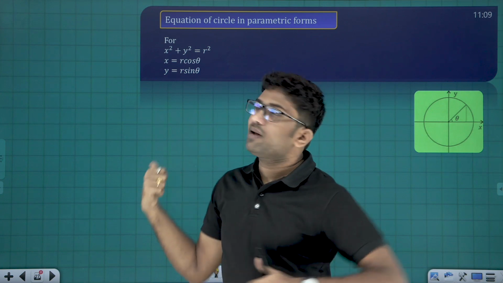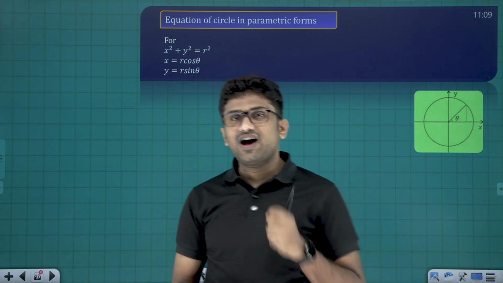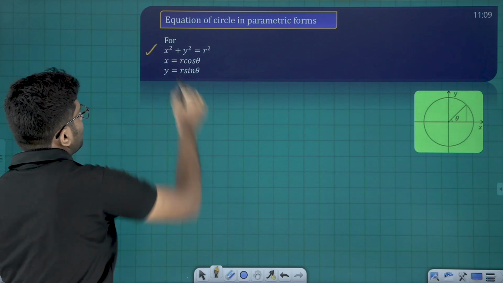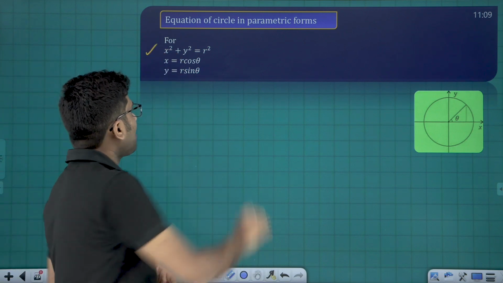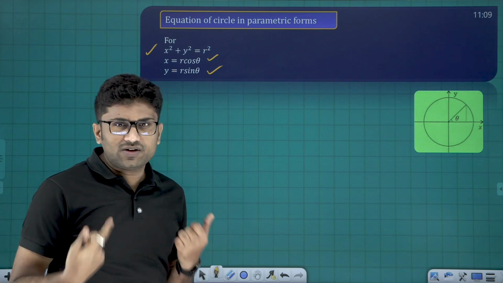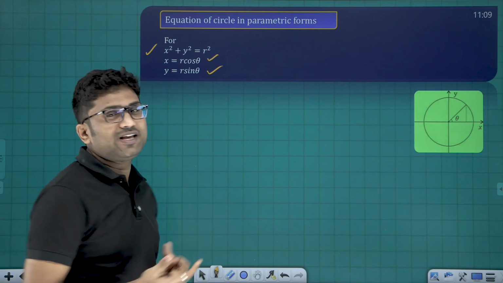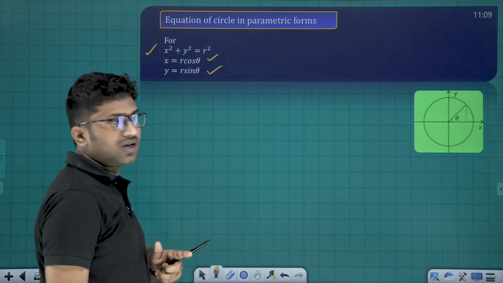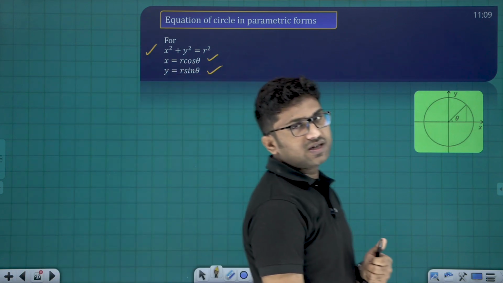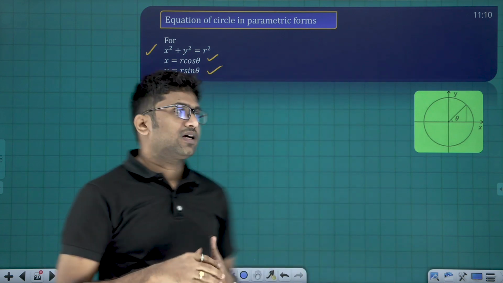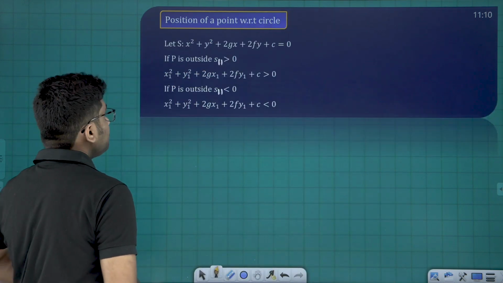In the same way, the parametric point of a circle x square plus y square is equal to r square is r cos theta comma r sin theta. For every theta, this point will always lie on the circle. So in place of x, we put r cos theta, and in place of y, we put r sin theta.